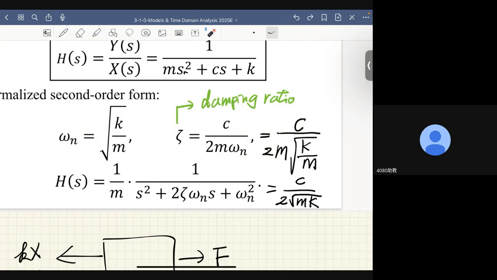For first-order systems, the most important parameter is the time constant, because the time constant directly specifies the pole location. And for a first-order system, there is only one pole, okay? So pretty much, if you know the time constant of a first-order system, you know the dynamic behavior of a first-order system. End of story.